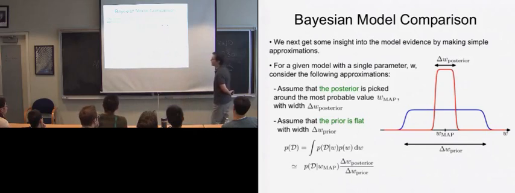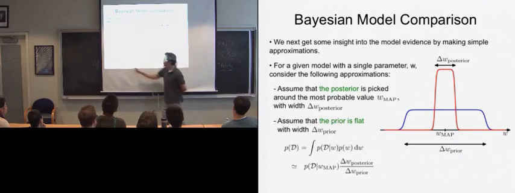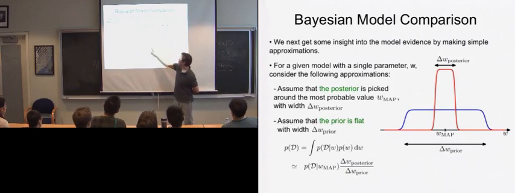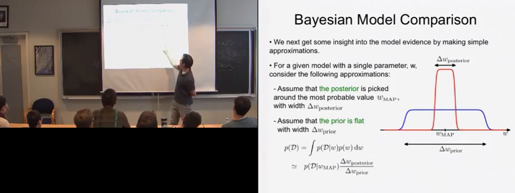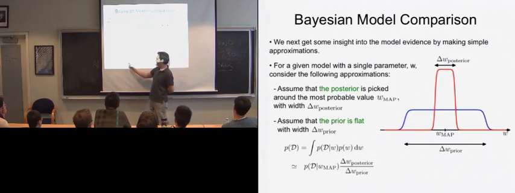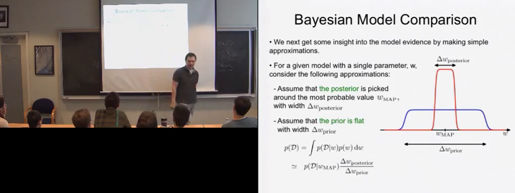And it turns out that this is approximately equal to the probability of the data given the mode, the W map, times the delta of the posterior divided by the delta of the prior. So this looks at the ratio of the delta of the posterior to the delta of the prior, times the peak. And if you try to estimate this integral, you do immediately see that that approximately holds.